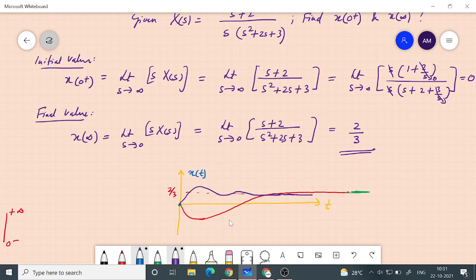I don't know, but I have a feeling from my experience that this is what the function would look like if you find the inverse. You can check it. There are some oscillations which will die out and converge to 2 by 3, but initially it starts from 0 and ends at 2 by 3. Any questions?